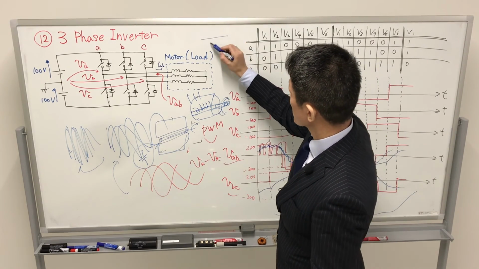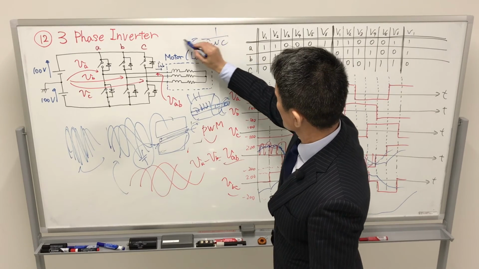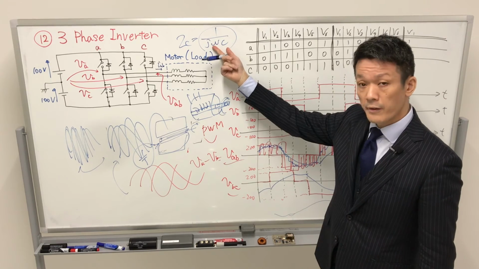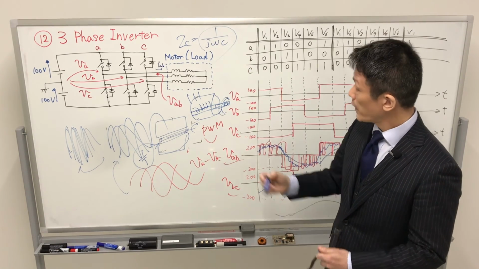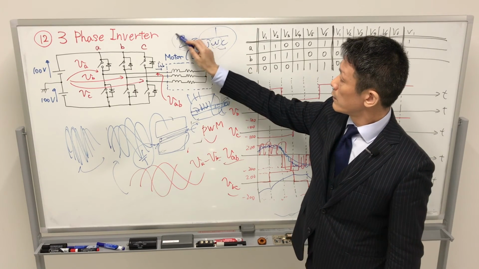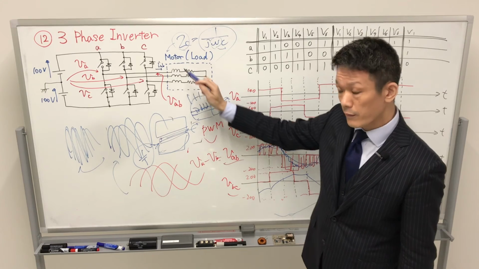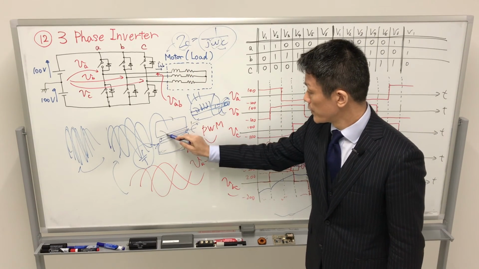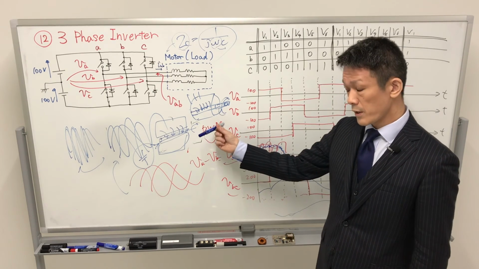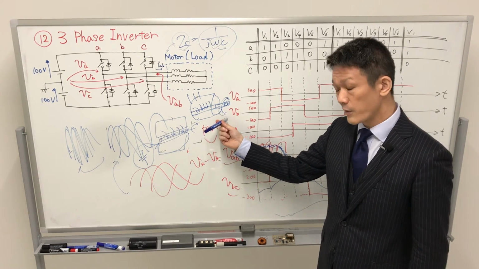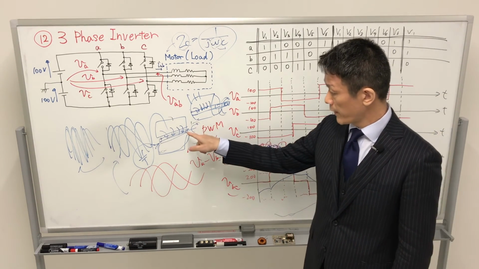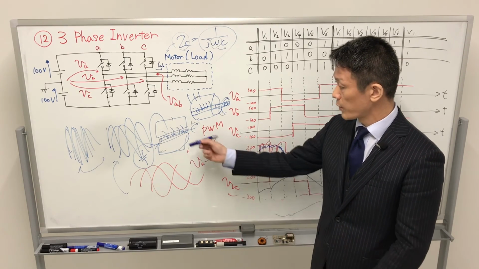That capacitor's impedance is here. In the case of high frequency, as the frequency increases, this value decreases. So the high-frequency current flows through this line. The rotor shaft's lifetime decreases because this high-frequency current is attached to the shaft.